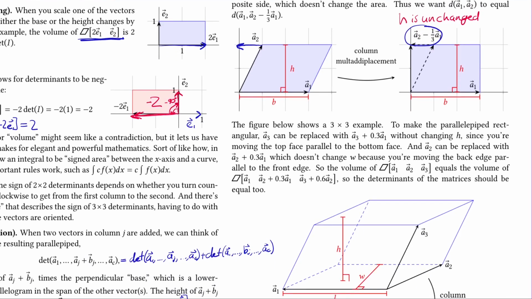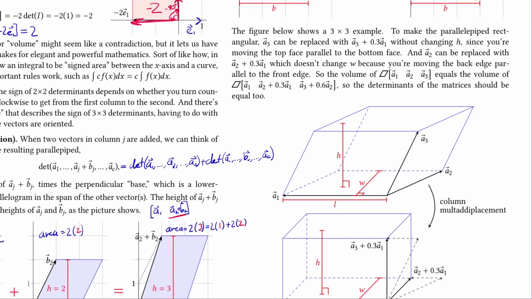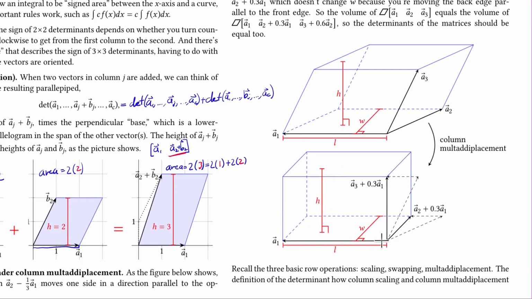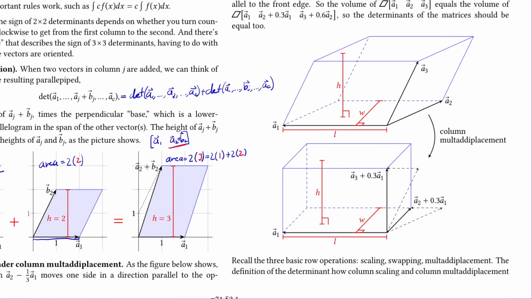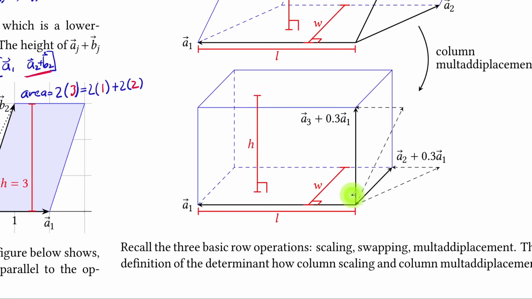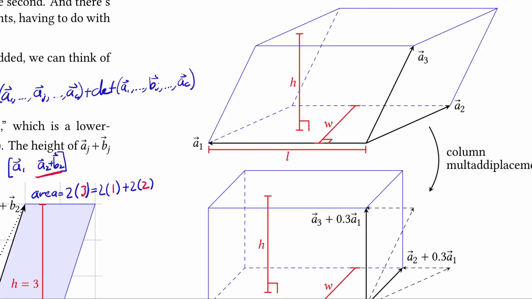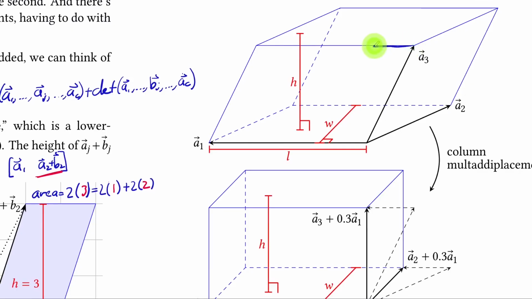Here's a 3 by 3 example. So if you want to find the volume of this parallelepiped, we could turn it into a rectangle by replacing some of the vectors with linear combinations of themselves and other vectors in the list. For example, if you want to get a nice right angle here to make a rectangle, we could just move A3 in the direction of A1.